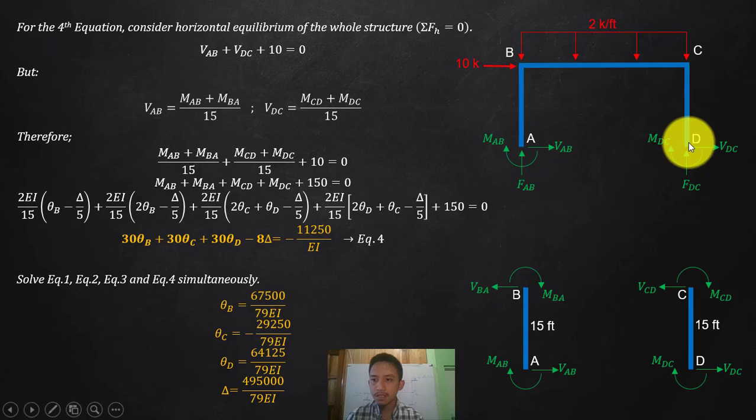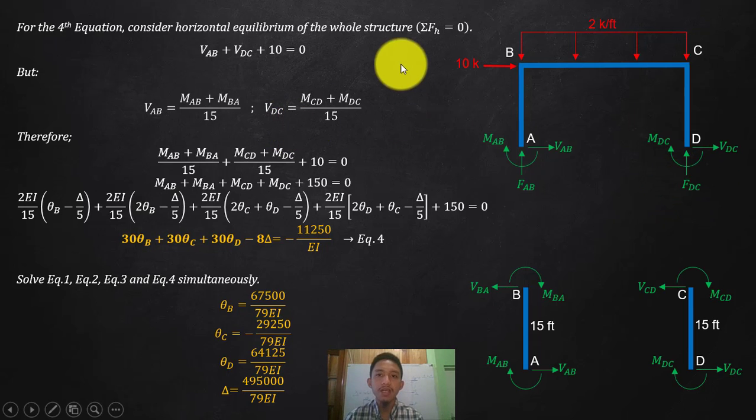So cut and cut, you will expose your MAB, VAB, and of course your axial forces. But again, we cannot get your axial forces without your end shear, and we cannot get your end shear without your end moments. So we should get rid of using your axial. So if I summate moment at joint B, I cannot do that because there will be FDC in my equation, and I do not want that, because again I do not know where to get the value of that.